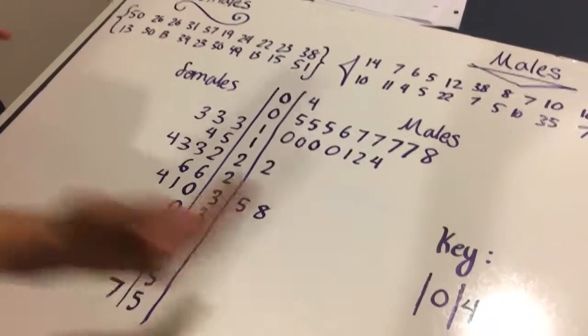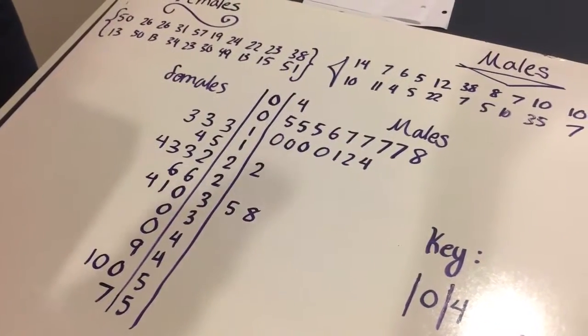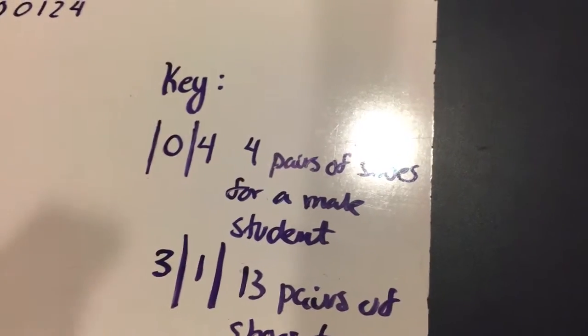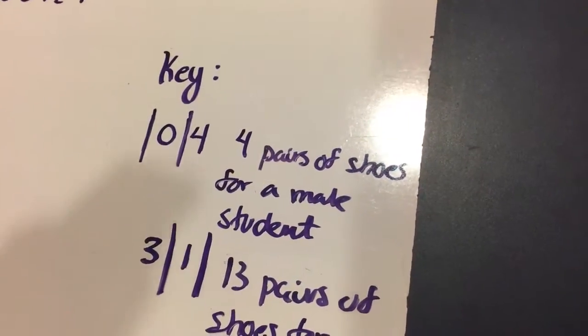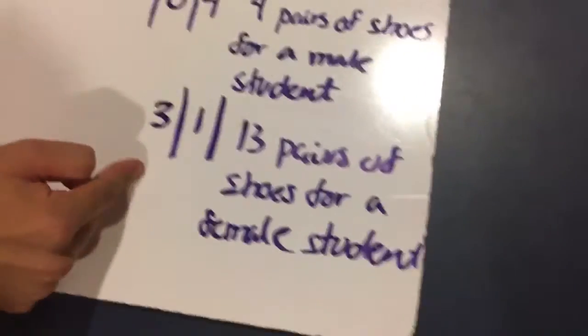Write the leaves for one set of data on the left side, and the leaves for the other set of data on the right. Then provide a key that explains in context what the stems and leaves represent, such as 4 pairs of shoes for a male student for the first key, and 13 pairs of shoes for a female student for the second key.